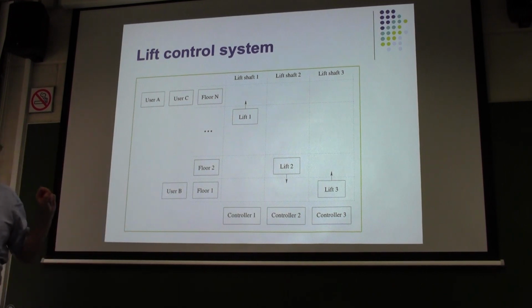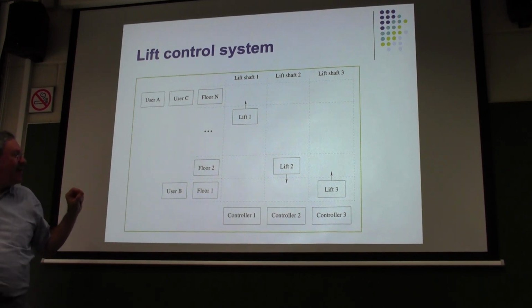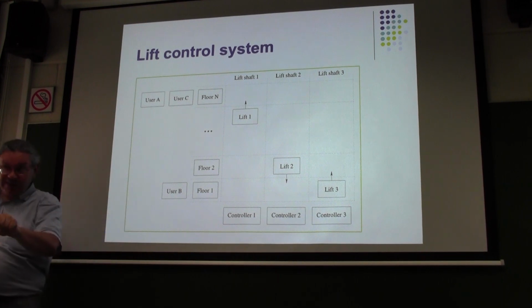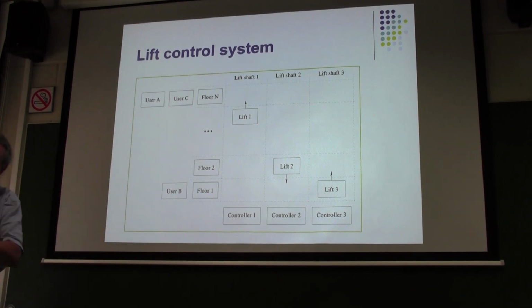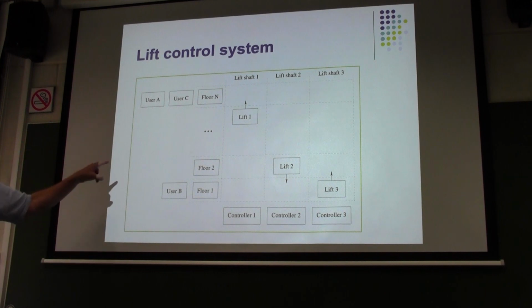Notice this is an extremely concurrent and non-deterministic system. And you want it to work. A user presses a button, the lift has to come, and you don't want deadlock or any weird problems happening. Okay, so that's what we're going to see next time.